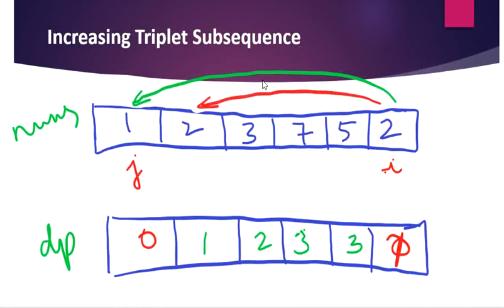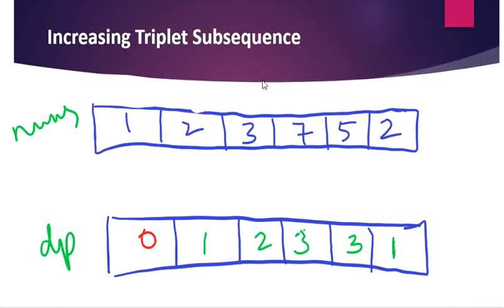No, again the j moves till 5. No values are greater than 2. So in this case we cannot append this 2 to any of the subsequences in the previous elements. So the length of the subsequence till 2 we can form sticks to 1.